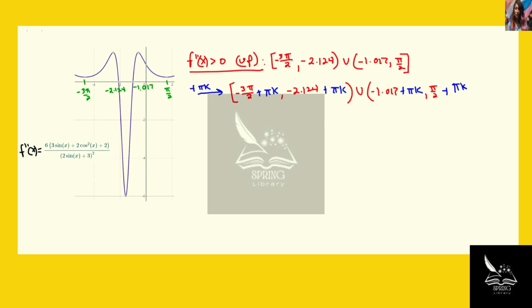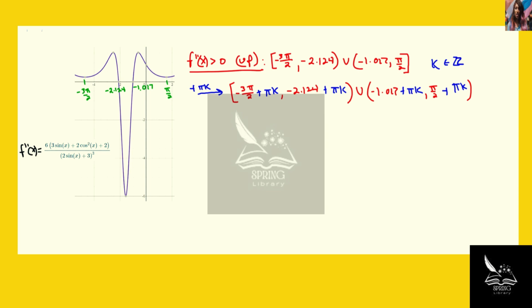And then remember this again, k is just some arbitrary integer. So any of these intervals here will be where the function is concave up. And if you wanted, you could try to find some nice way to combine these endpoints here.